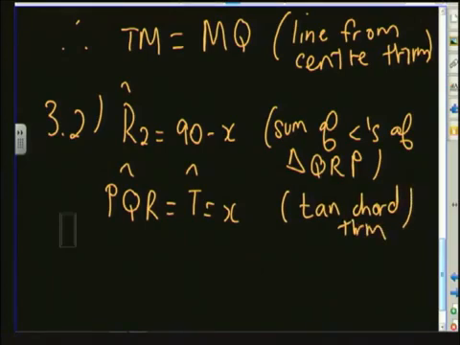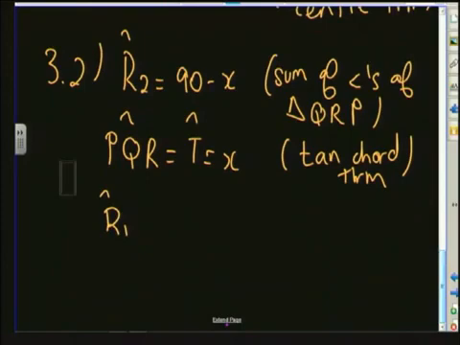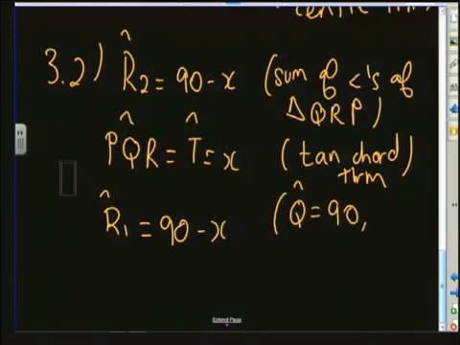All right. Therefore, we can say that angle R1 is going to be equal to 90 minus x, and we need to just state here that angle Q was equal to 90 degrees, and that was because of angle in semicircle.